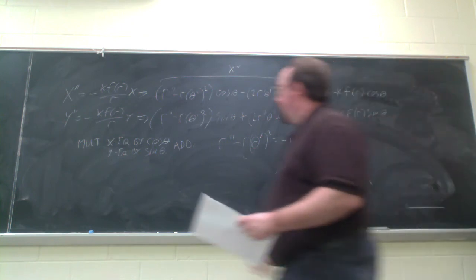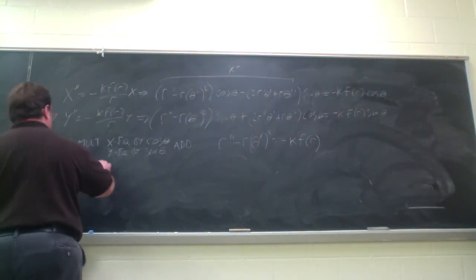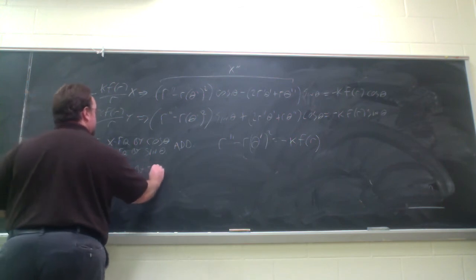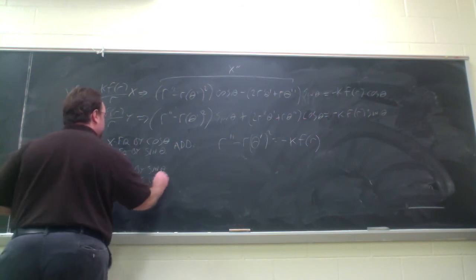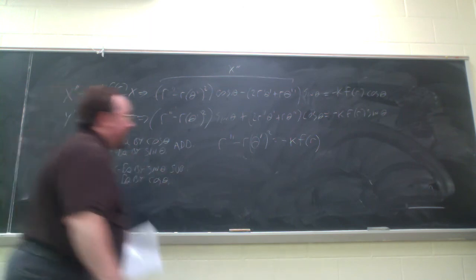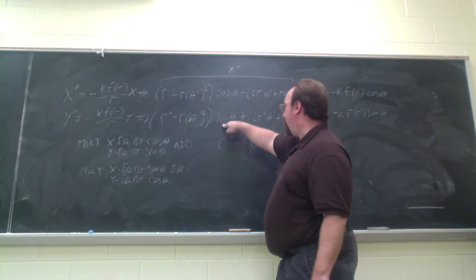On the other hand, if you multiply the x equation by sine and the y equation by cosine, and you subtract, what will happen is, here you have cosine times sine, here also cosine times sine.